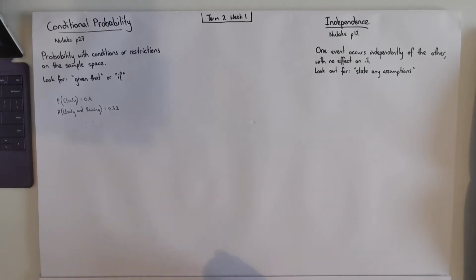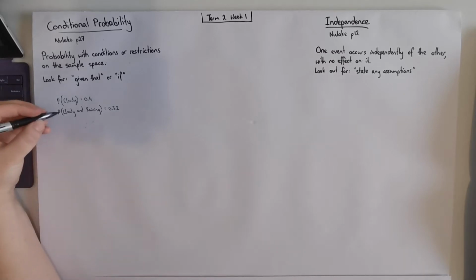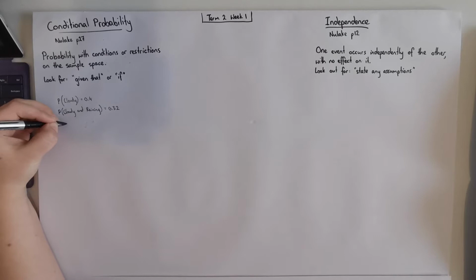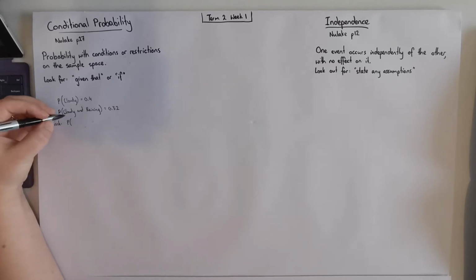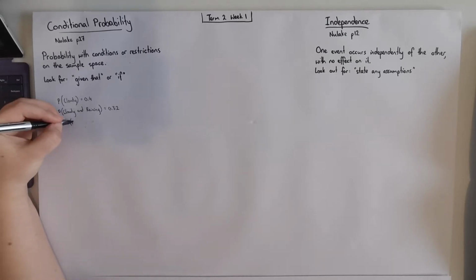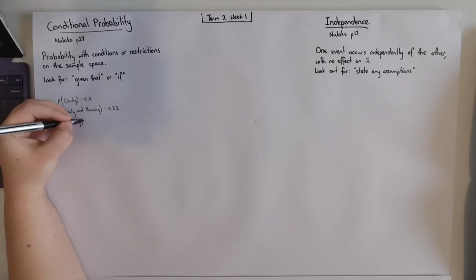Now, of course, for any given question, we need a task to actually complete. So for this example, let's say that our task is to figure out what the probability of it being a rainy day, given that it is cloudy.